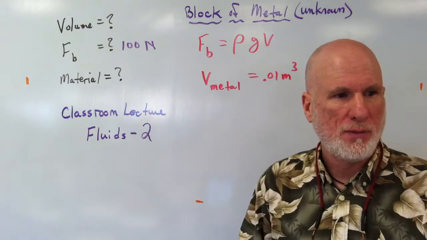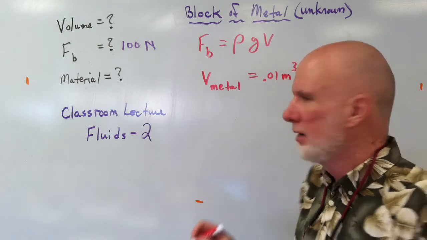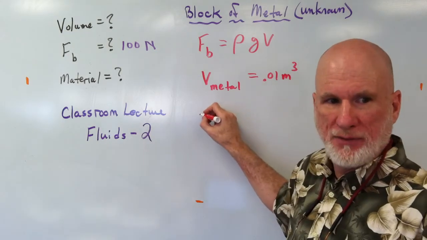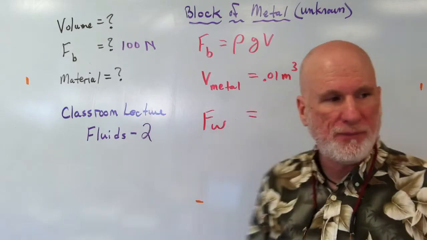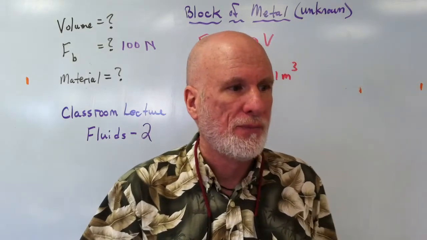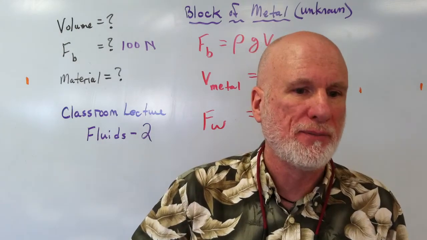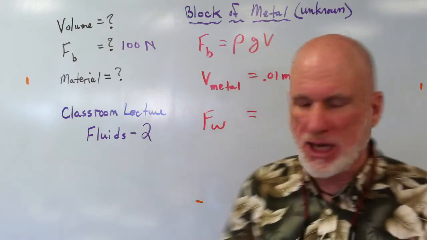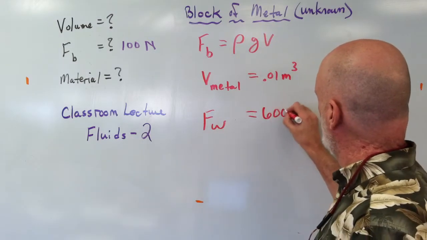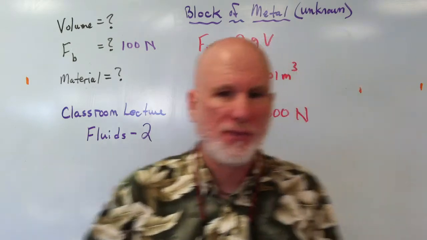And what else do we know? The weight of the object equals what? I gave it in the beginning of the problem. What was the weight of the object in air? 600 newtons. Therefore, what's the mass of the object? 60 kilograms.